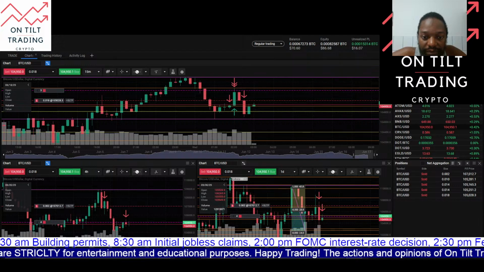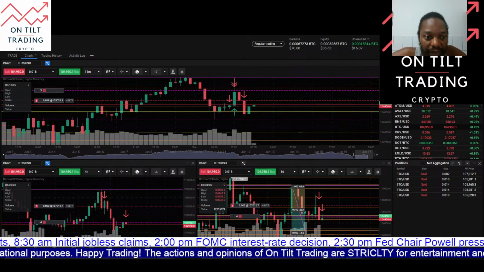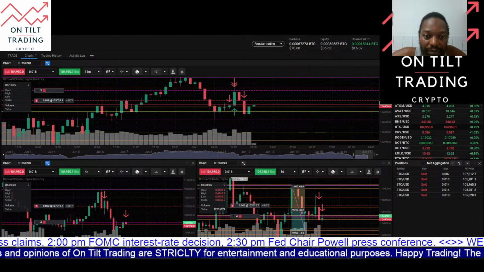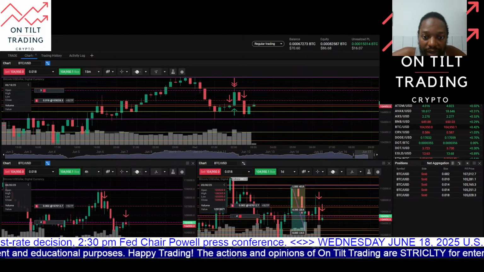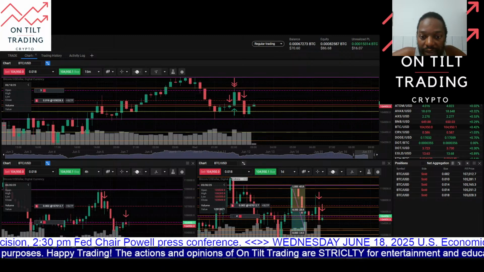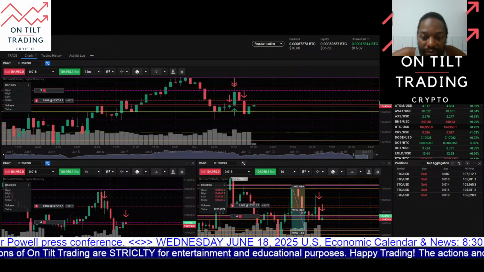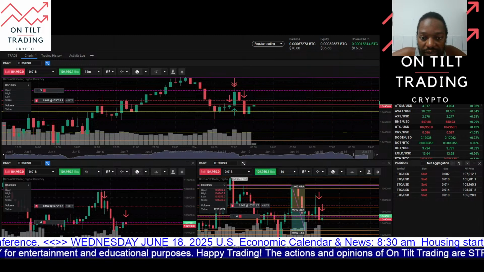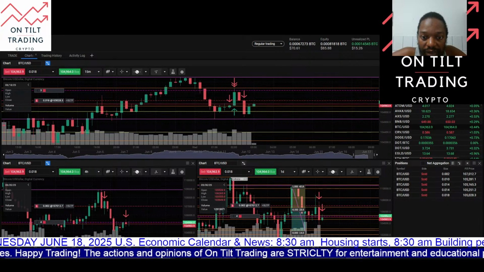To me, seeing either a wick or a body: here the body, here the body, here the body, here the body, here potentially a wick, and here the body. If this candle remains green, then here, if this sells, then this level would be at the body.